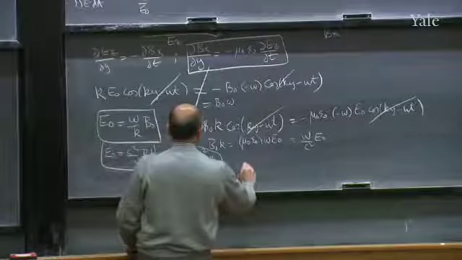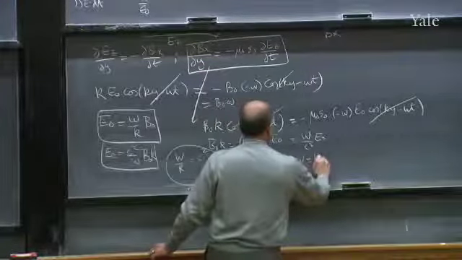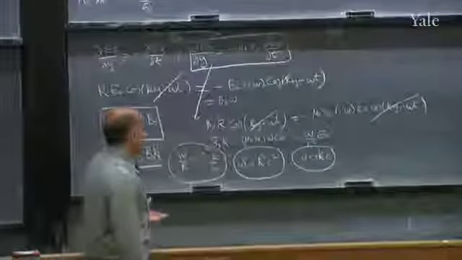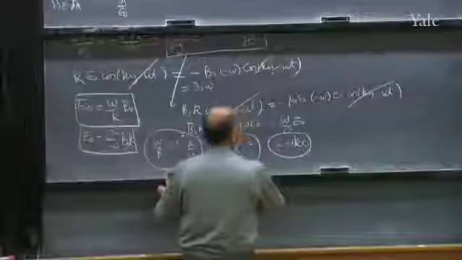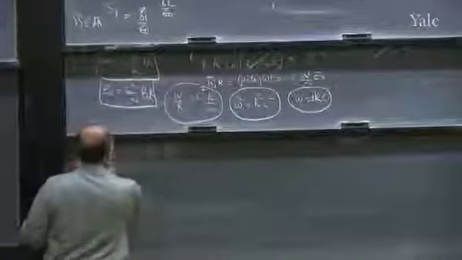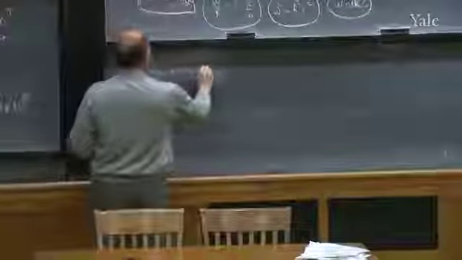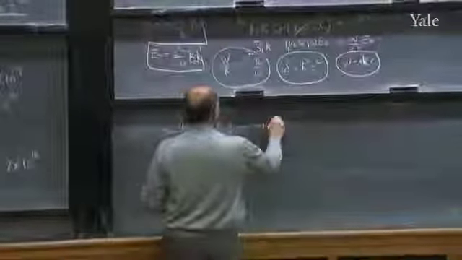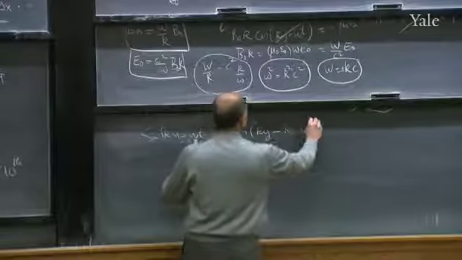That tells me that omega squared is equal to k squared c squared, or omega equals kc, or plus or minus. Or if you like, k is plus or minus omega over c. It doesn't matter how you write it. But you can see what that means. What this is telling you is that if you take the function sine(ky minus omega t), and if omega is equal to kc, it becomes sine of (ky minus kct).